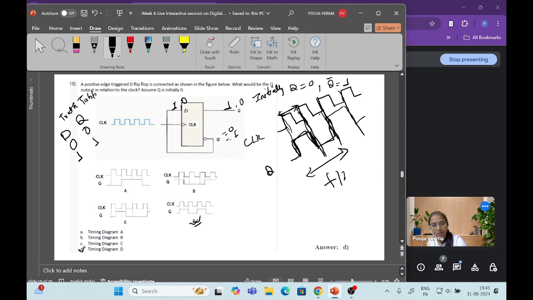When the clock signal has 2 cycles, the output has only 1 cycle. So from here we can see that if we have input frequency f, then the output frequency is f by 2.